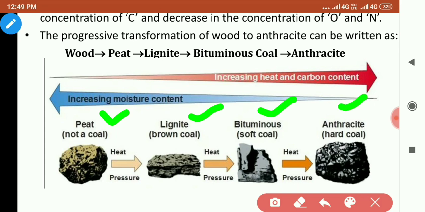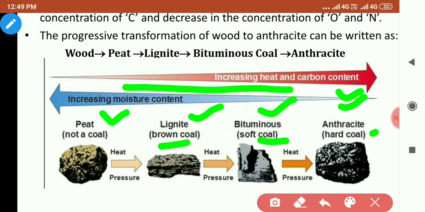Peat is not yet a coal, then there is brown coal, soft coal, and hard coal. So the best quality coal is anthracite. As the content of carbon increases, there is a decrease in the content of moisture and a decrease in the content of oxygen and nitrogen.